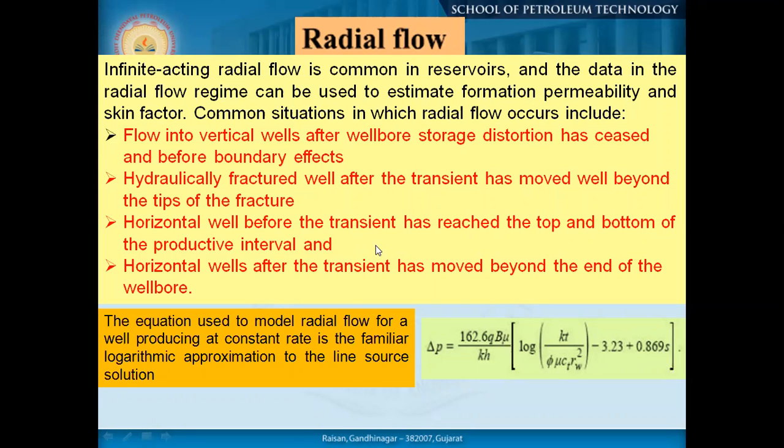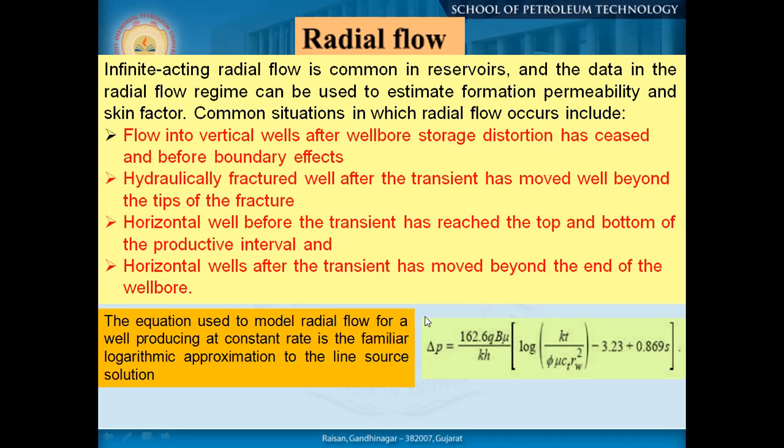So the transient has reached the top and bottom of the productive interval. Then, horizontal well after the transient has moved beyond the end of the wellbore. That is what is in between, the wellbore effect. We try to understand how they will behave.